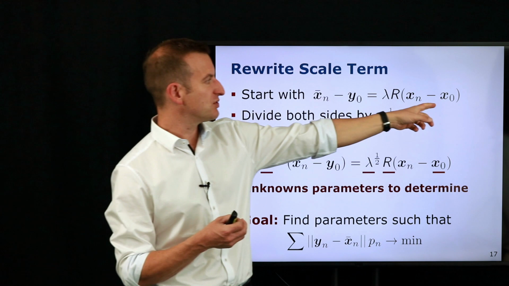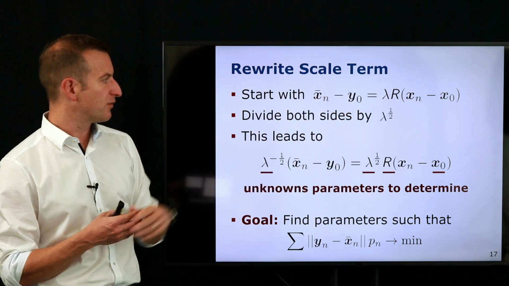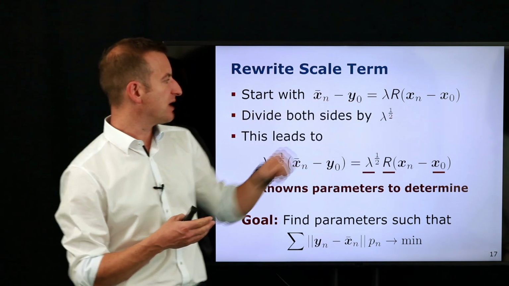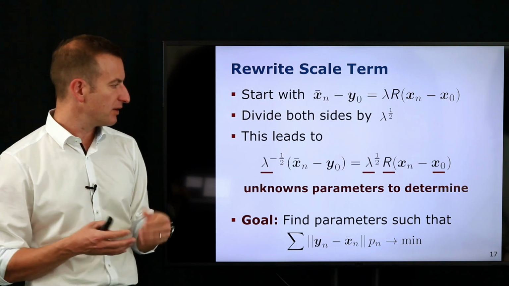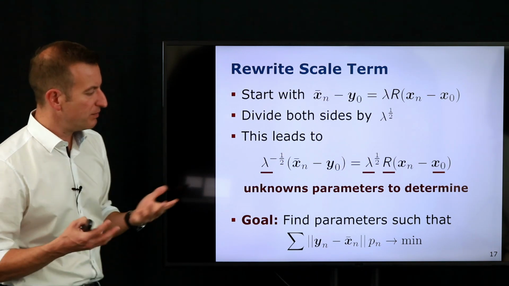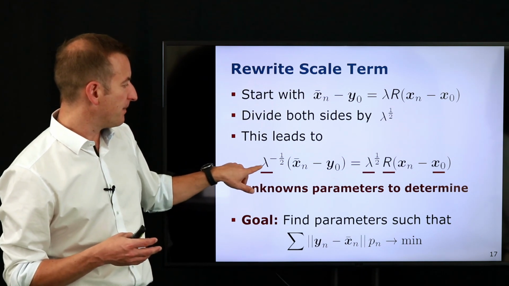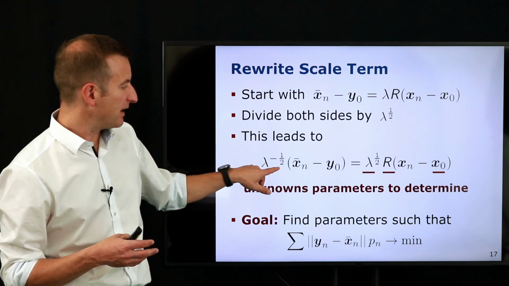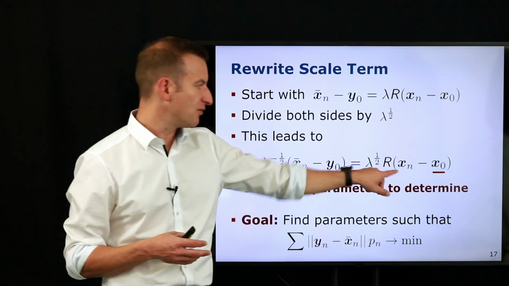So we have the transformation, which transforms my points xn into this new frame. And in this expression, I divide both sides by the square root of lambda, the scale factor, in order to get some term which will be more symmetric later on. So it's lambda to the power of minus 0.5 here and lambda 0.5 there, and I have my remaining expression.